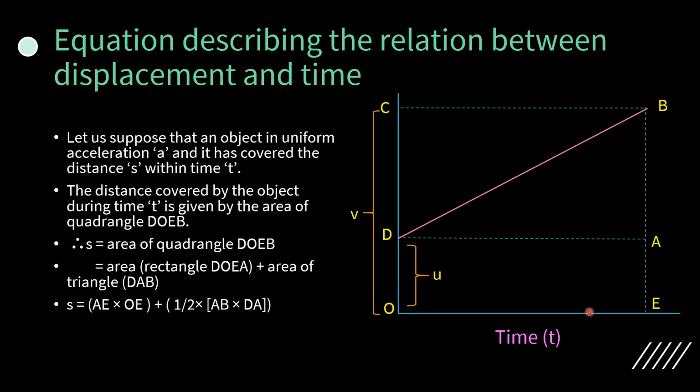Here the length is AE and the breadth is OE. Instead of AE you can write OD also, both are same. And the area of a triangle is half into length into breadth. So here it is half into AB, which is the length of the triangle, and this is the breadth of the triangle, AD. This is what we will use to arrive at the area of the quadrangle DOEB.